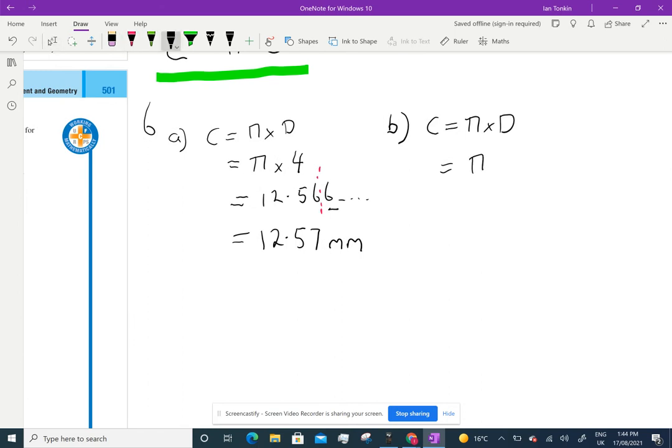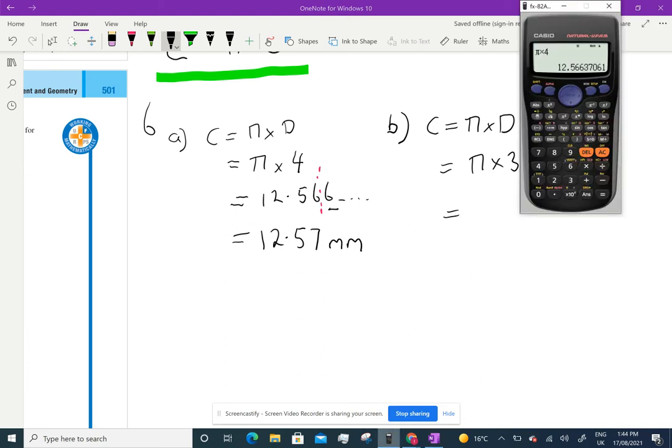So the circumference is pi times 36. Now, if I go to my calculator, I don't need to go back and type the whole thing in again. I can just use this back arrow. It takes me back in there, and I can delete the 4 and type in 36. I don't have to keep typing it in.